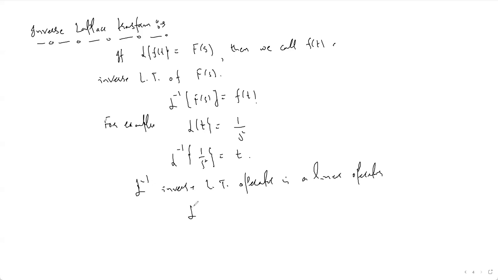It means the inverse Laplace operator acting on functions like a1 F1 of s plus a2 F2 of s is always equal to a1 f1 of t plus a2 f2 of t. So that is what I mean by a linear operator. Now let us do some simple exercises on the inverse Laplace transforms.